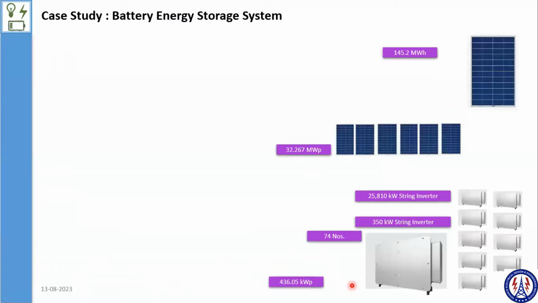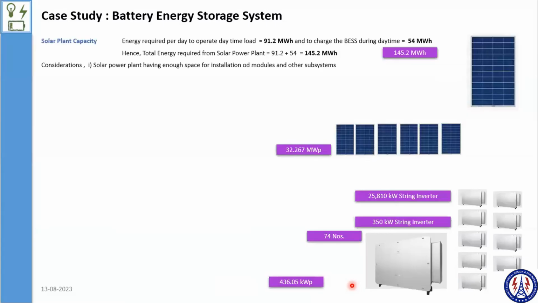Now coming to the interesting part, solar capacity. How are we going to calculate this? What is the energy need? This is the reference point for us. The energy required per day to operate the daytime load, we calculated in the first slide, if you remember.